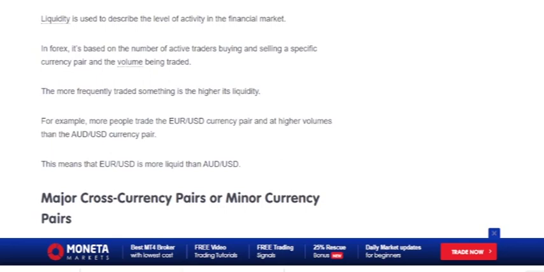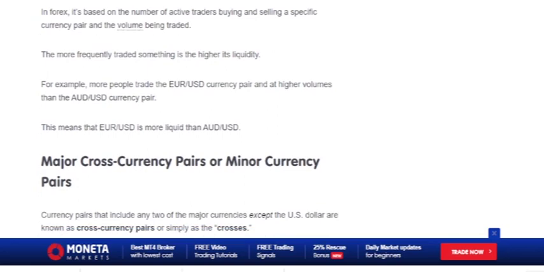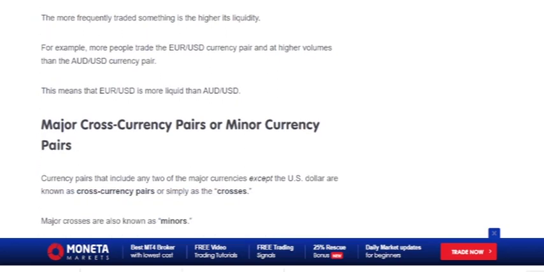For example, more people trade the EUR-USD currency pair and at higher volumes than the AUD-USD currency pair. This means that EUR-USD is more liquid than AUD-USD. More volatile.